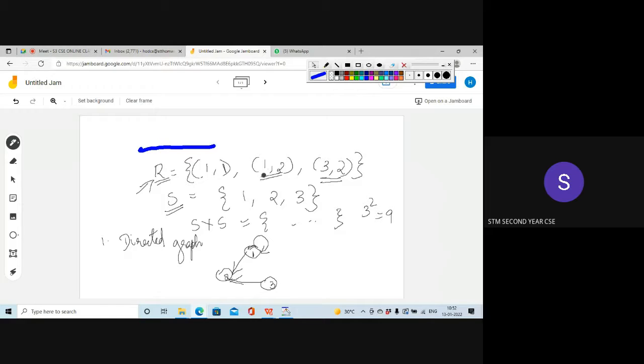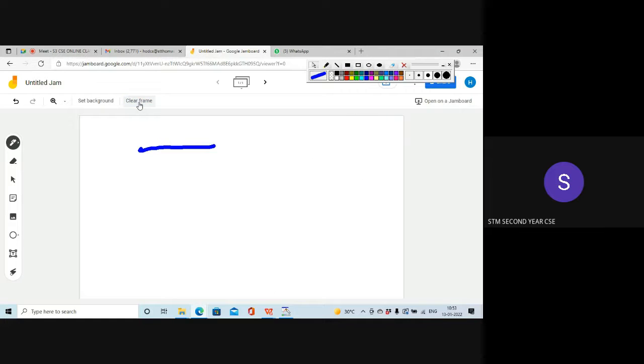Then you take the relation R. Inside the relation you have certain ordered pairs, and each ordered pair becomes a directed edge in this graph. The first ordered pair is (1,1), so you draw an arc from 1 to 1. The second ordered pair is (1,2), so you draw an edge from 1 to 2. The third ordered pair is (3,2), so you draw an edge from 3 to 2. This is the directed graph of this particular relation, and this is the first method of representing relations.